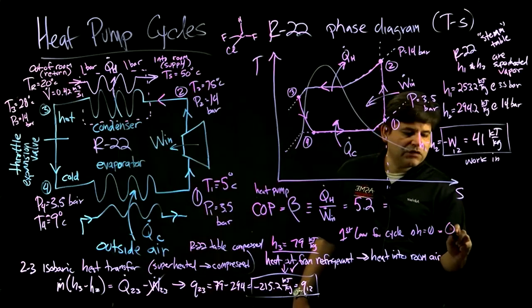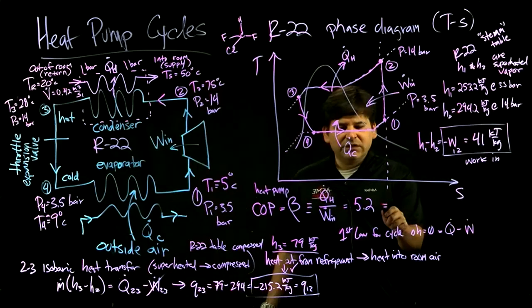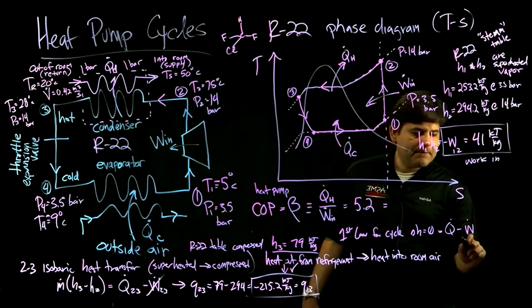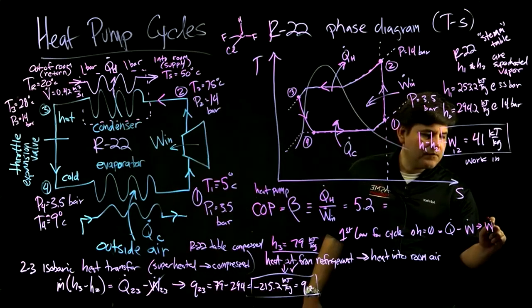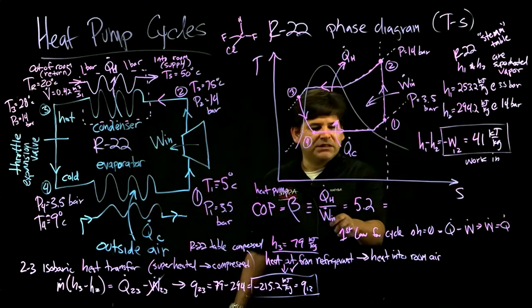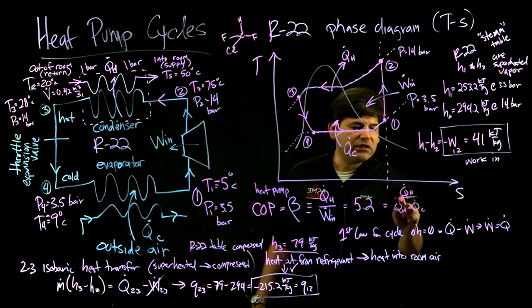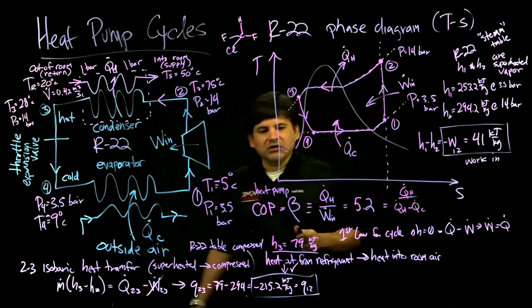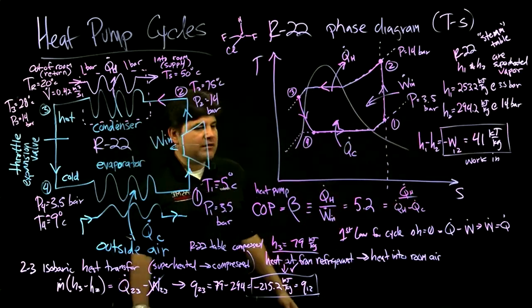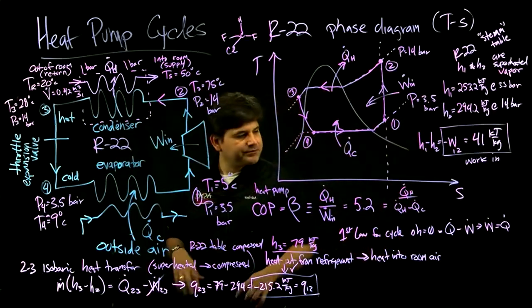So that means Q minus W equals 0. So you can say that the net work equals the net heat transfer. So you can replace this here with QH on top and then QH minus QC on the bottom. So we could also find the coefficient of performance that way, but in this case we didn't need to, the way that we did these steps here.